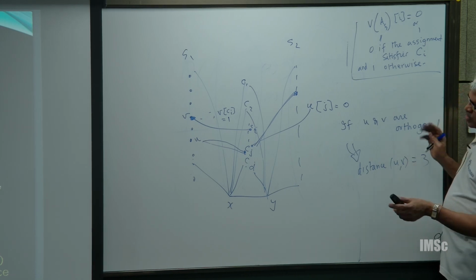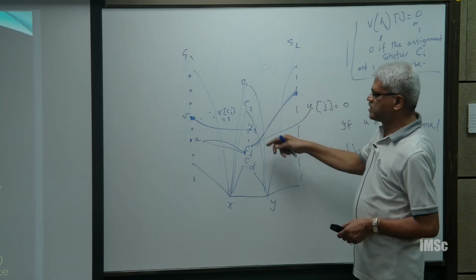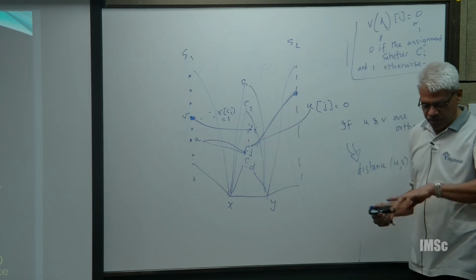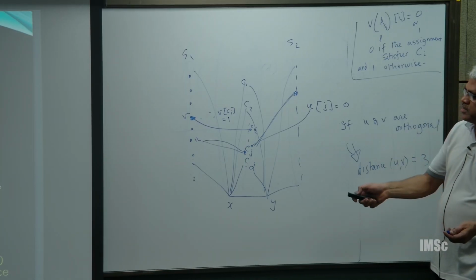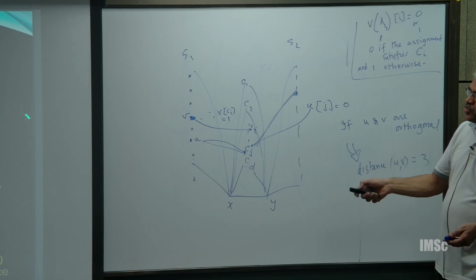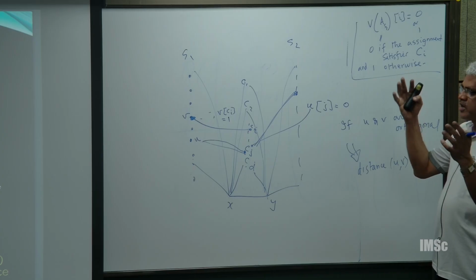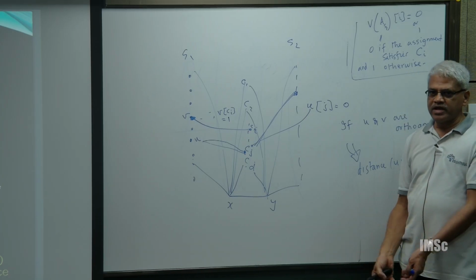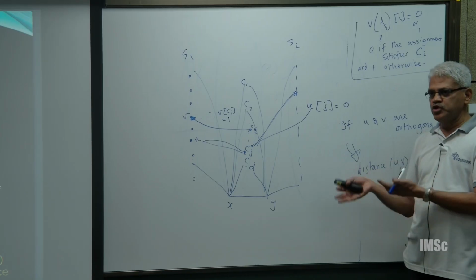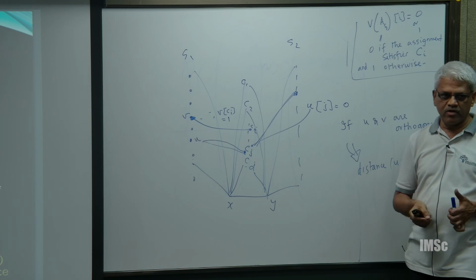and if no pair is orthogonal, then for every pair there must be a Cj through which you can get there in 2. So the diameter is 3 if there exists an orthogonal pair, and 2 otherwise. So now you take your vectors, construct this graph, give it to your diameter algorithm and check whether it tells you 2 or 3. Depending on the answer, you know whether there is an orthogonal pair or not.